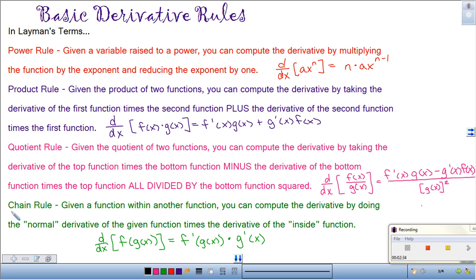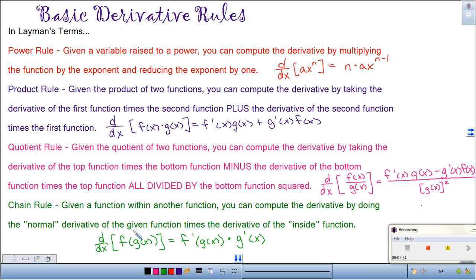Okay. So I'm going to show you some examples in a second of how this works. We're also going to go over the chain rule today, which means that given a function within another function, you can compute the derivative by doing the normal derivative of the given function times the derivative of the inside. Kind of hard to write out into words, but here's what it looks like. d dx of f of g of x. Notice g of x is plugged into the function f of x.